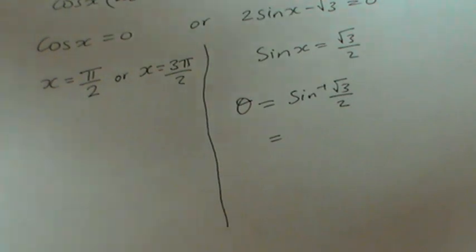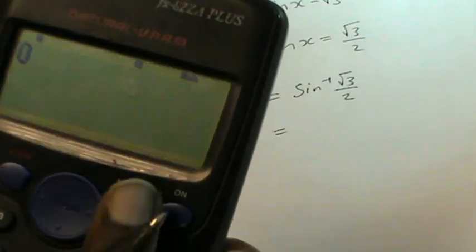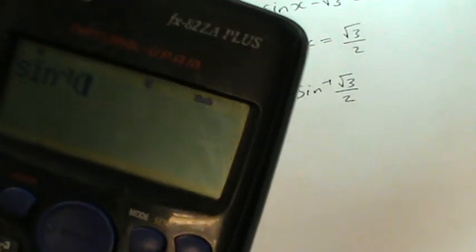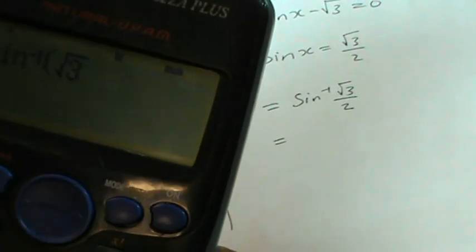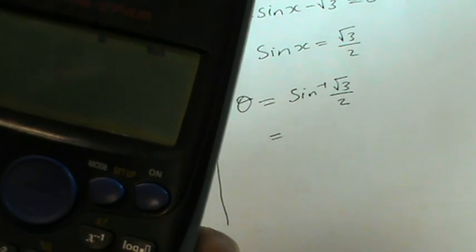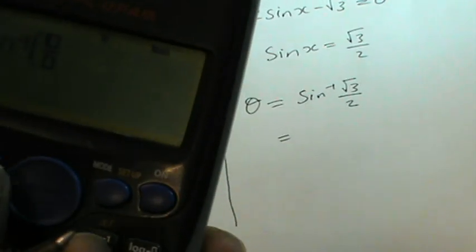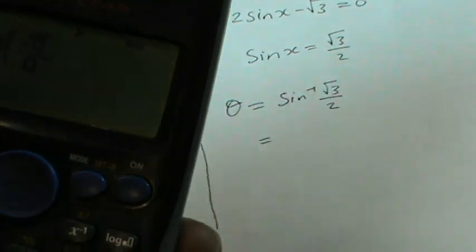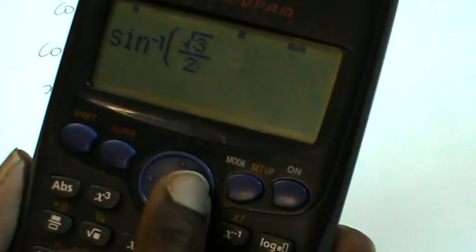Here, square root of 3 over 2, I use my calculator. Sine inverse of square root of 3 over 2. Is that typed in correctly?